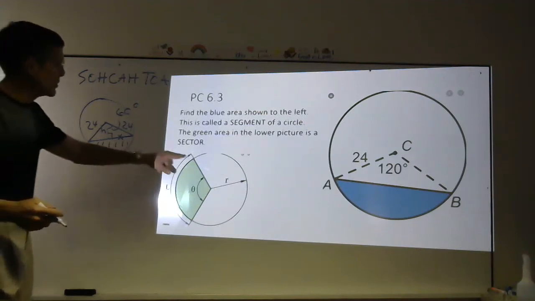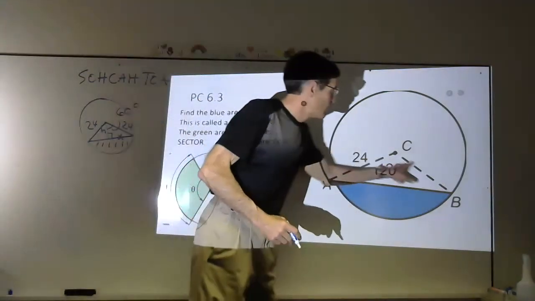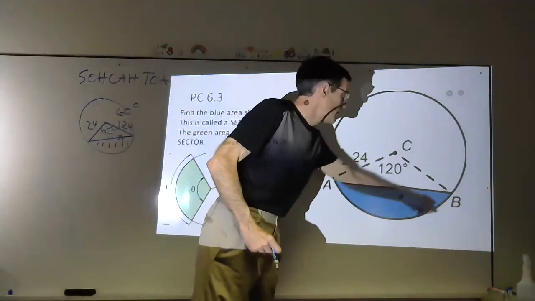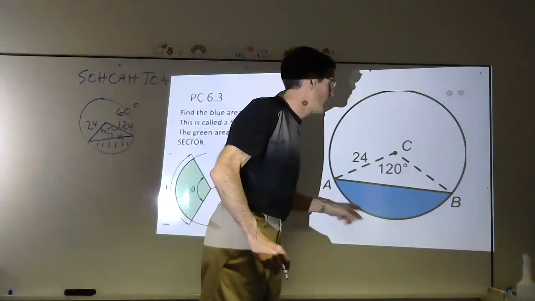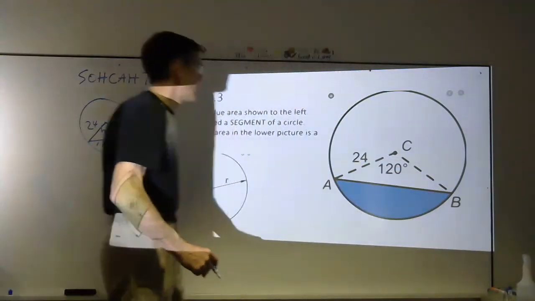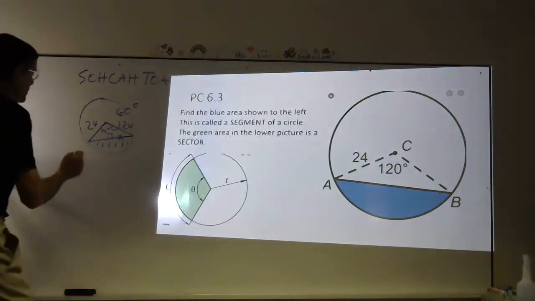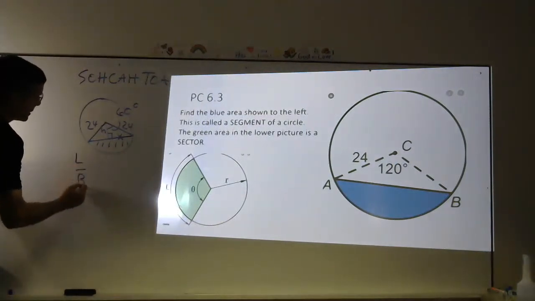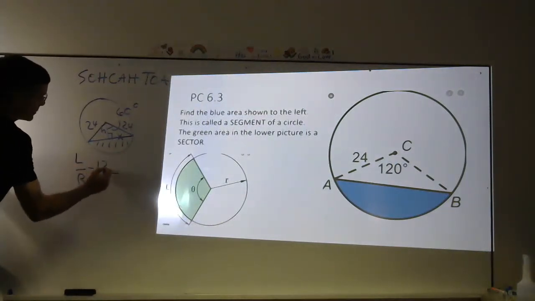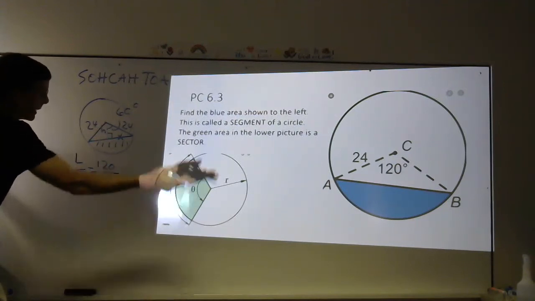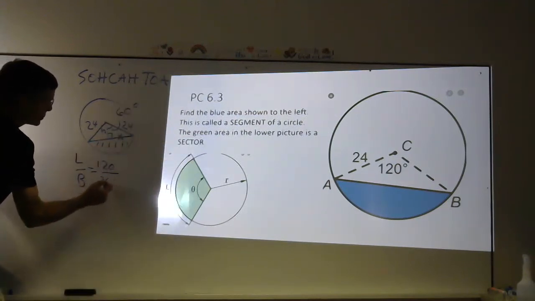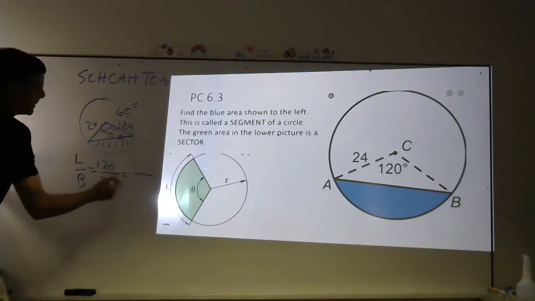Let's first find, just like this green area shows, the whole area here. The whole thing. Can we do that? I think so. We did those before, called little to big. The little angle is 120. The whole angle, the whole way around, a revolution, is 360.